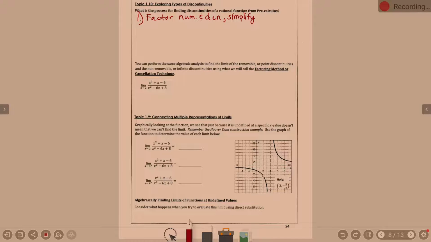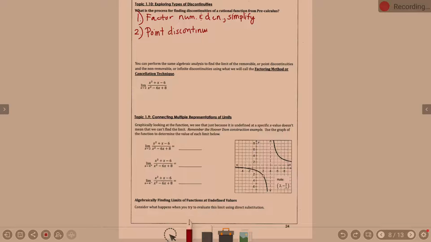Now, in this curriculum, they tend to call it a point discontinuity. What do I mean by a point discontinuity? Removable. Okay, that's the removable discontinuity. It's also known as a hole. And when does that happen? Yeah, a point discontinuity.